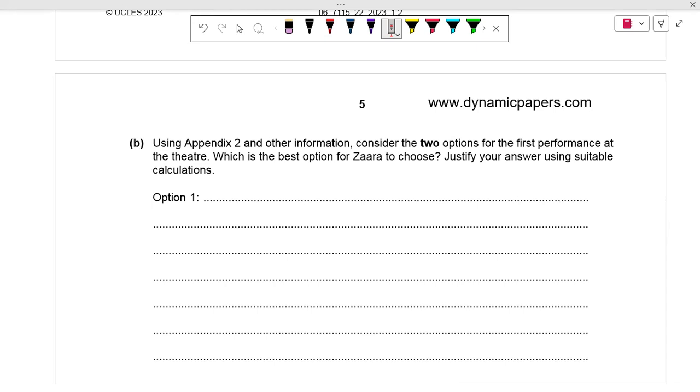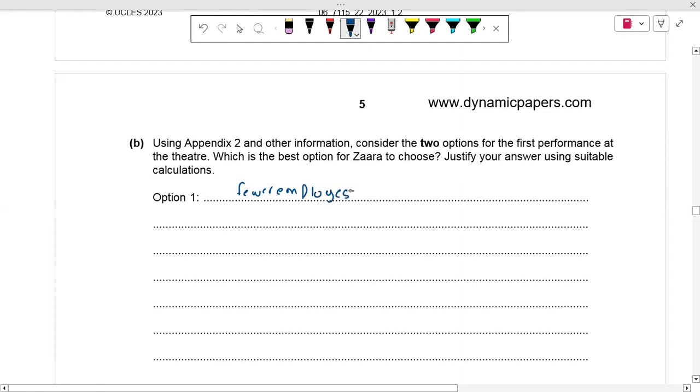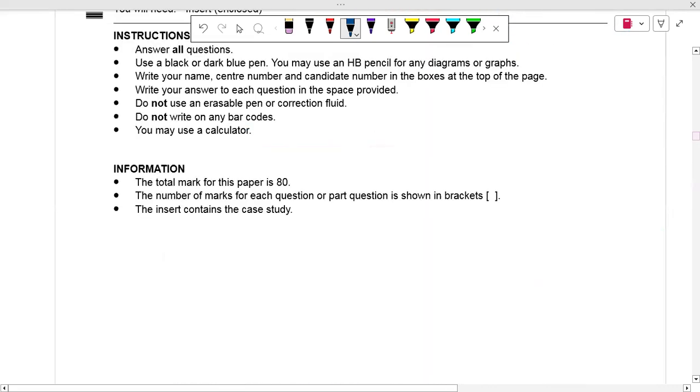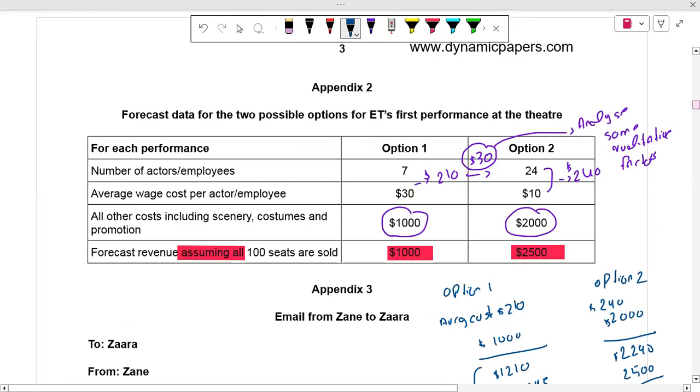Okay, so if we are talking about option A, there are basically some advantages, and the advantages are that we have to employ fewer employees. As you can see in the appendix, in option A we have to employ fewer employees, but in option 2, we have to employ 24 employees.